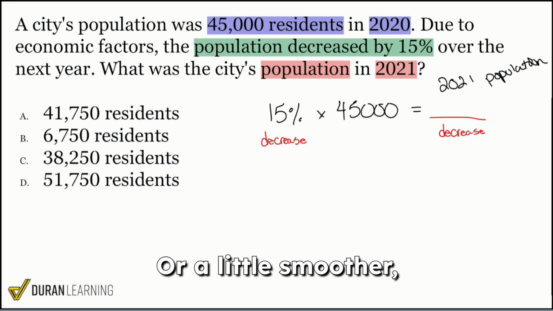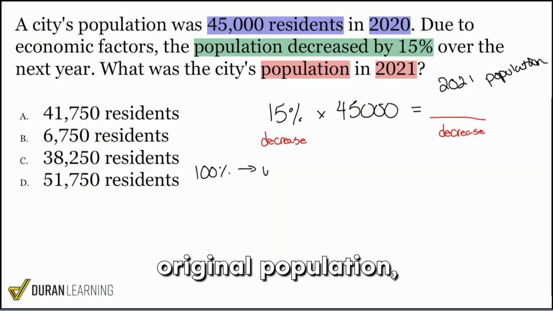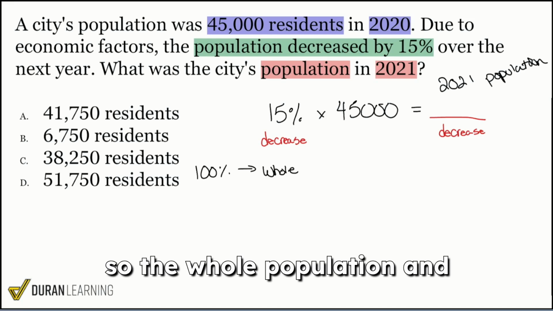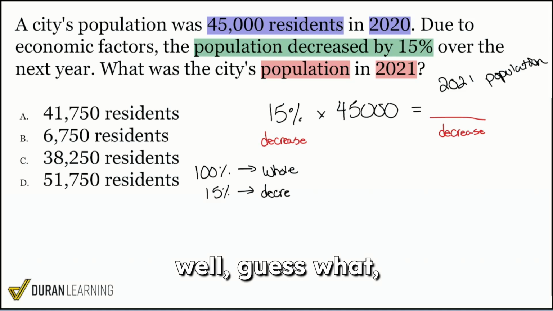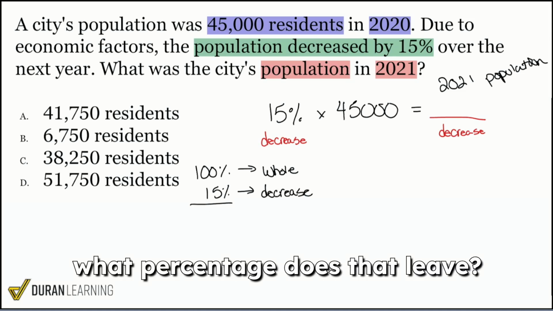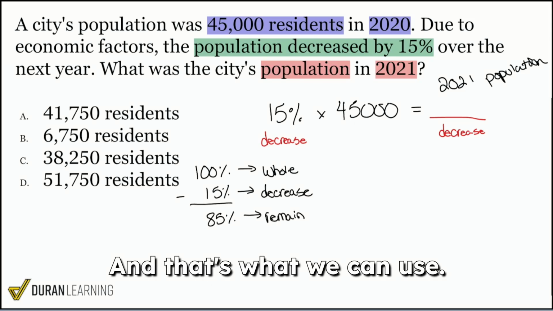Or a little smoother, a little more straightforward, if we know that 100% was the original population, so the whole population, and we decreased by 15%, well, guess what? What percentage does that leave? That leaves 85% remaining. And that's what we can use.